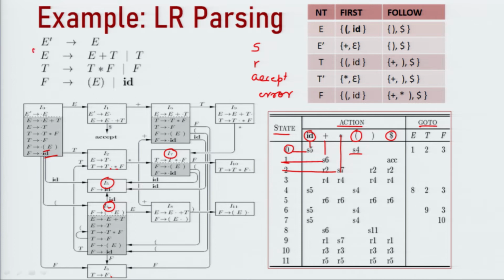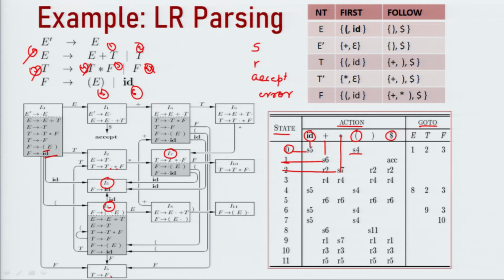So, this is our production 1, 2, this is 3, then this is 4, this is 5 and this is 6, right. So, the numbers that I give on the right side are the production numbers. After shift we write the state number, and after reduce we write the production number.